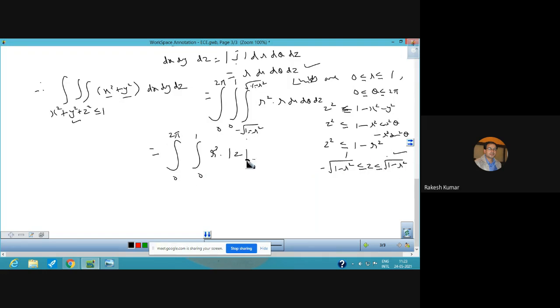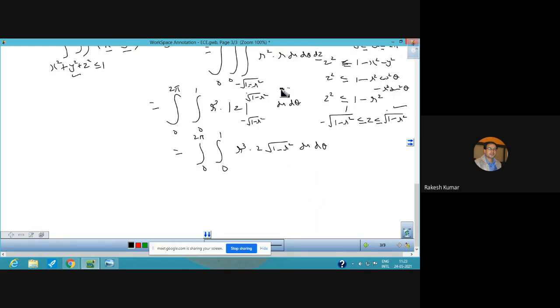So the integration is with respect to z here, with the limits, and into dr d theta. Now you can substitute the limits here. So after substituting the limits, you will have 2 times square root of 1 minus r square dr d theta.